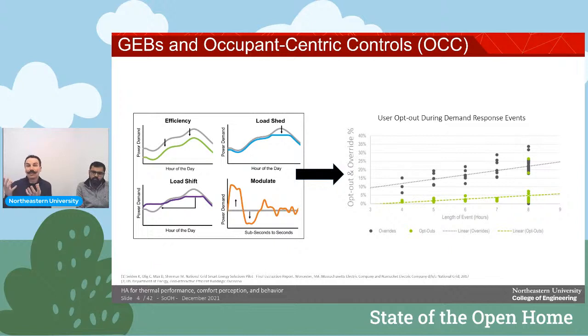What would be better is if we could shift that use earlier, because if we just cut the peak off, we might affect quality of service. And then really the future, what we would love to be able to do is seconds or minute scale modulation to chase renewable energy use, to chase the cheapest energy prices. But the state of the art right now is really just load shedding.